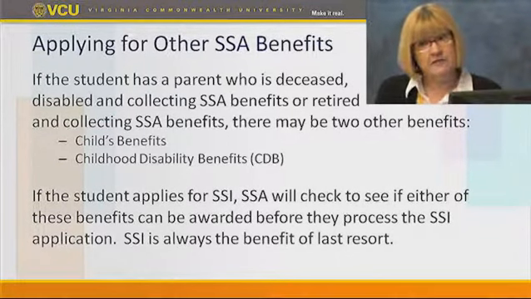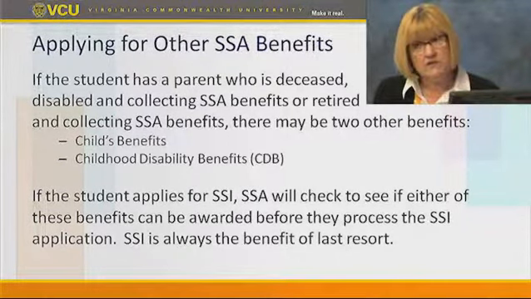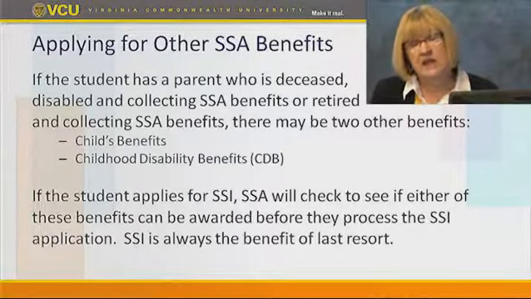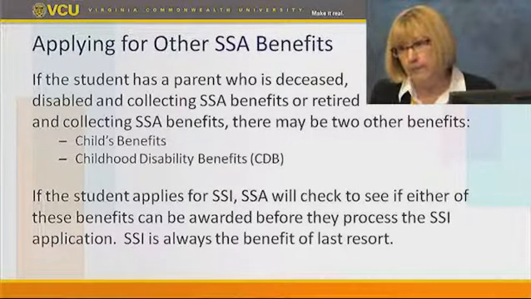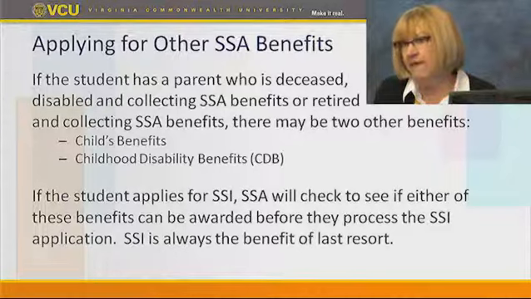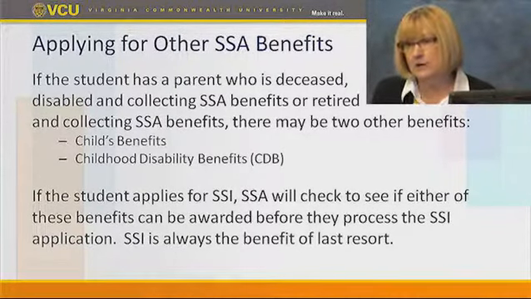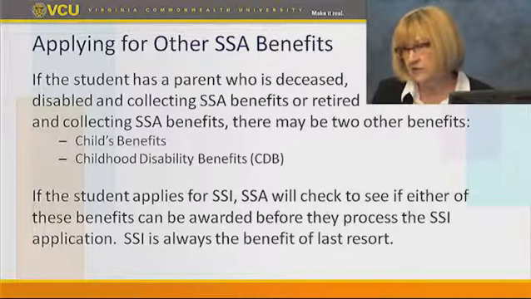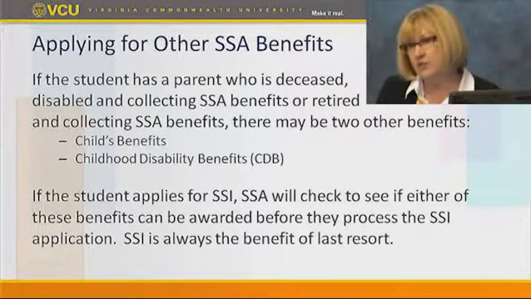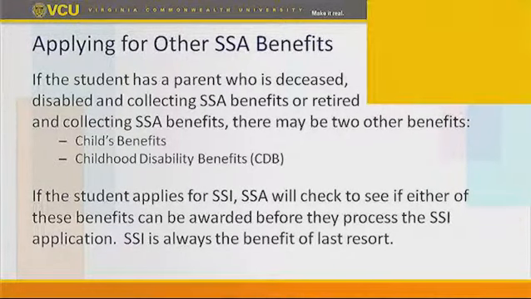If you apply for SSI, Social Security is going to check to see if there is any other benefit through them that you can qualify for, and that's because SSI is the absolute last payer, and they don't want to process your claim if you're eligible for something else. So the SSI program will look to see, is there a child's benefit available?